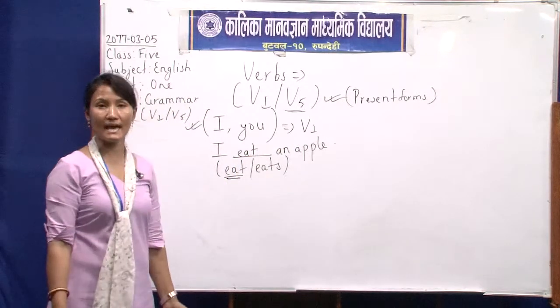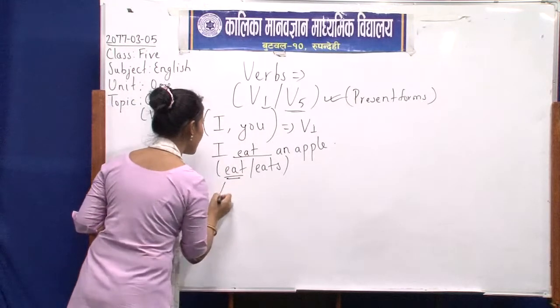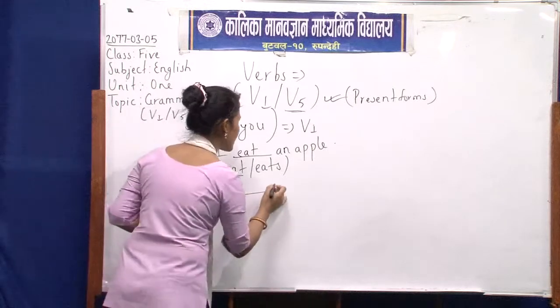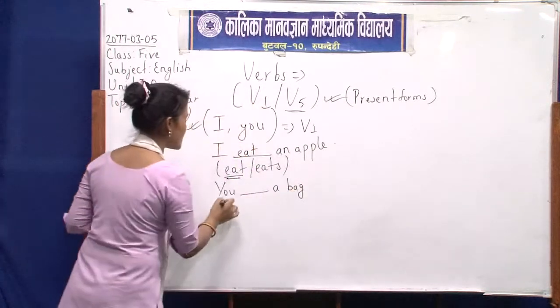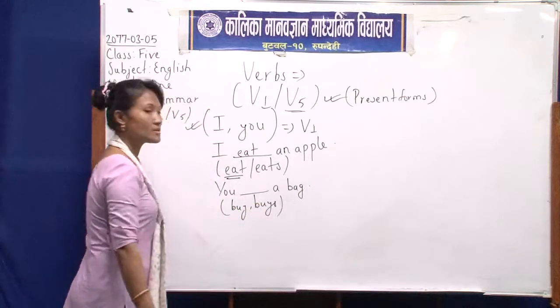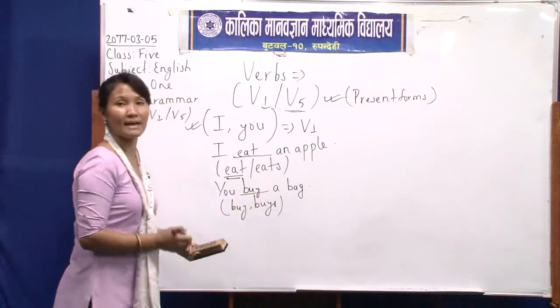I eat an apple. Likewise, let's make one sentence using you. You buys. So, what will be here? Verb 1. So, buy, you buy a bag.